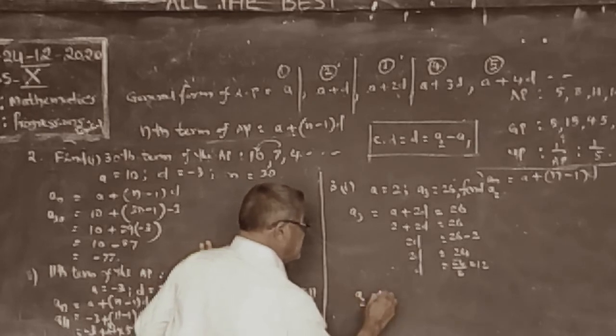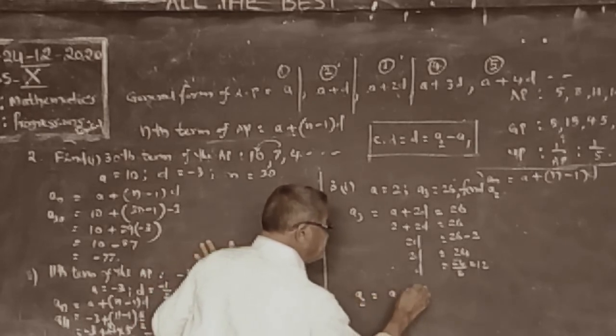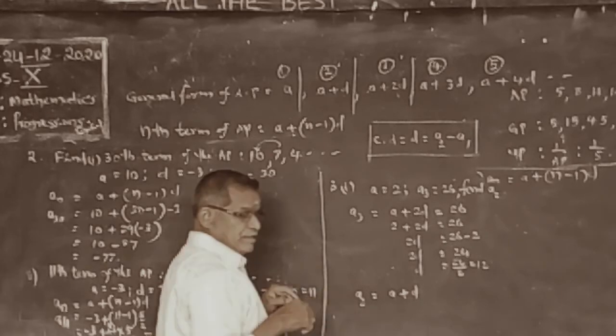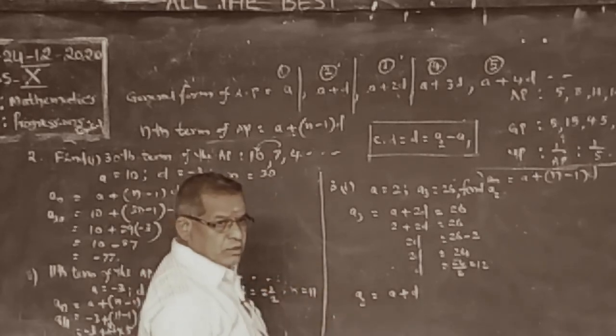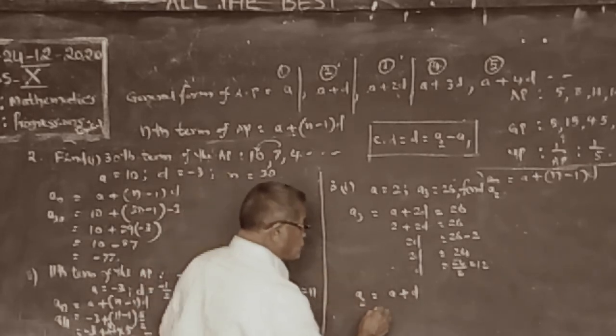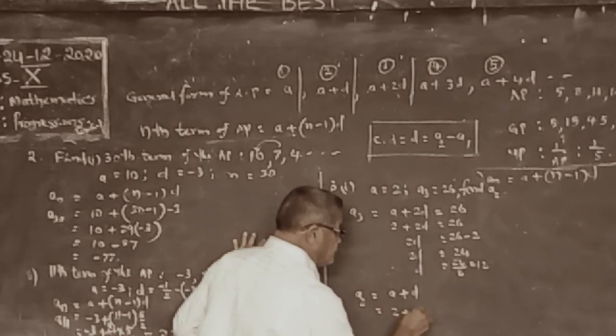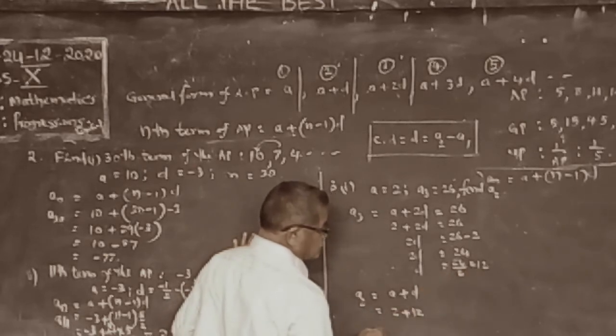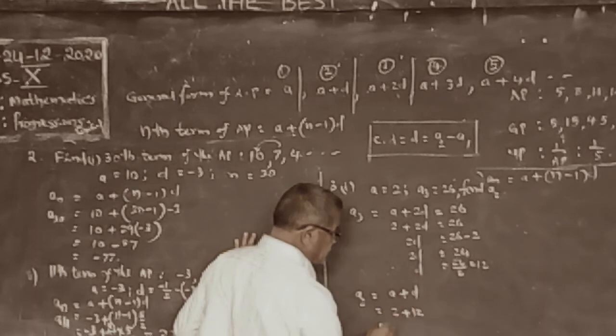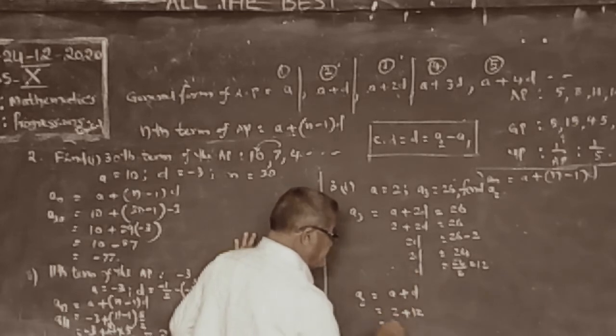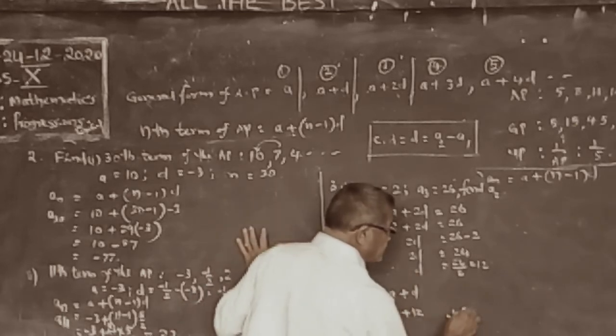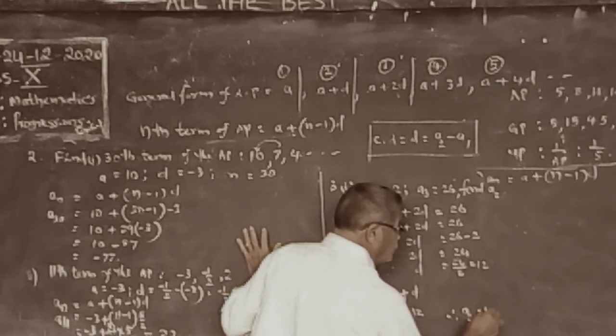A2 is A plus D, that is 2 minus 1. A value given is 2, D value we got is 12. 12 plus 2 is 14. Therefore, A2 is equal to 14.